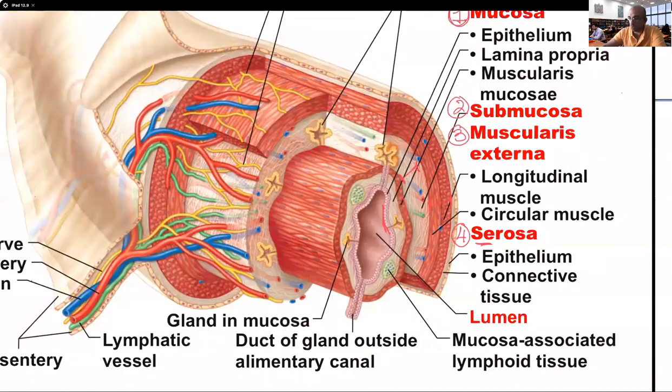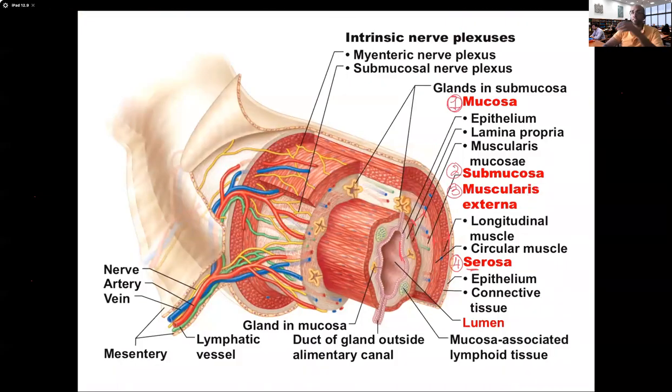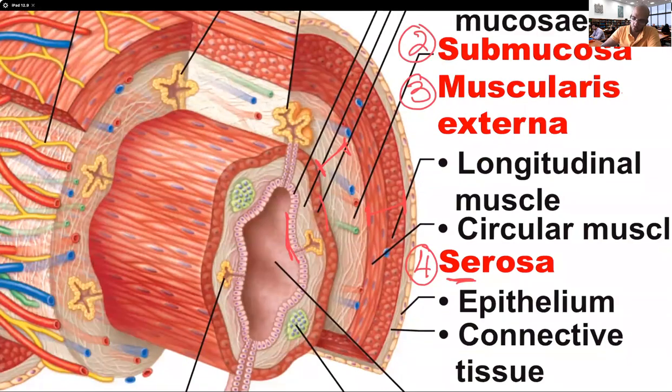So again, what we're looking at in here, we're looking at the four layers forming the wall of the gastrointestinal tube. Those are the mucosa, submucosa, muscularis externa, and to the outside of it, the serosa.